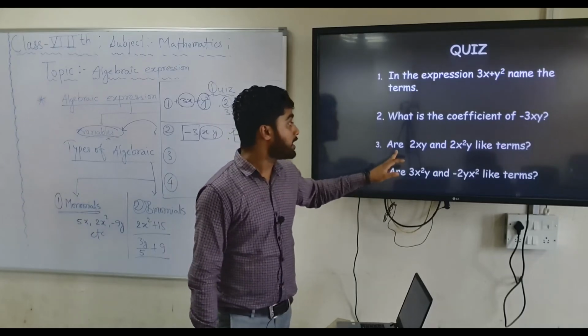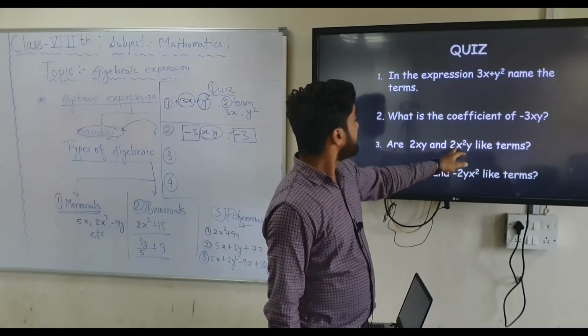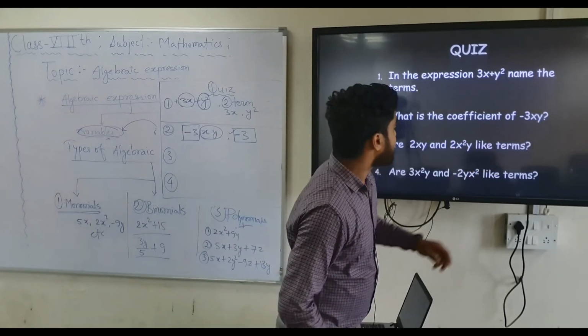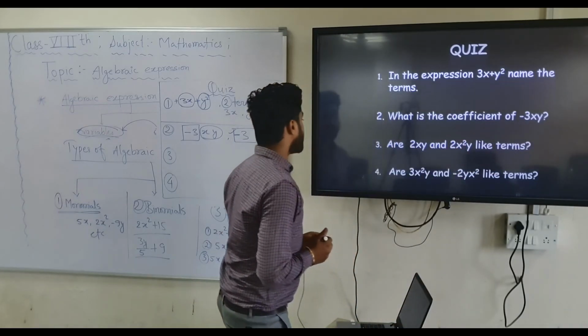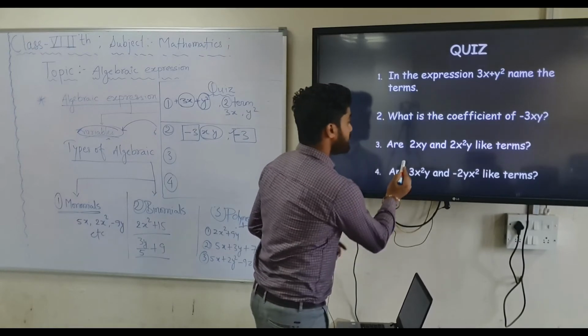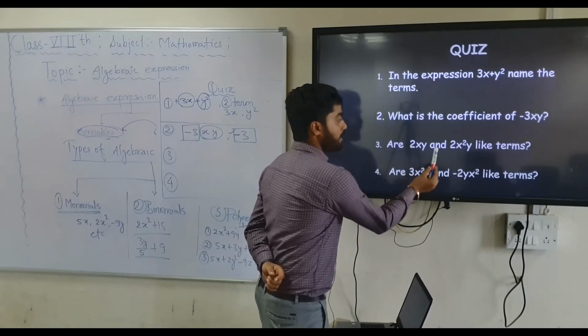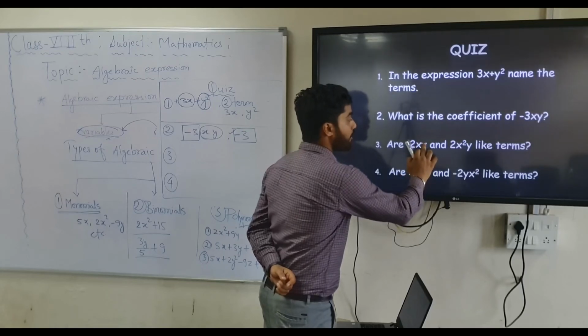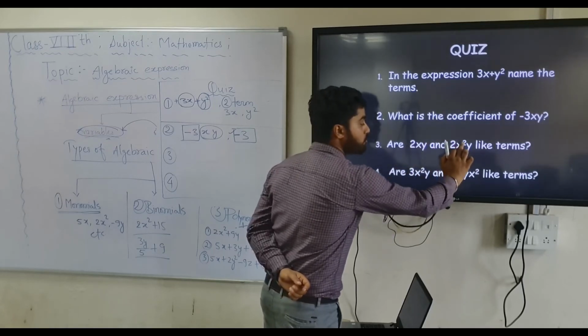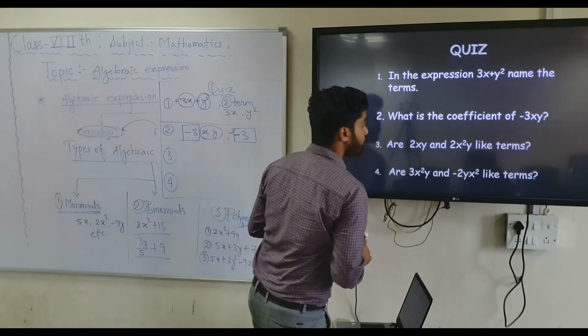Now the third question: are 2xy and 2x square y like terms? We have to check the powers here. See carefully, 2xy has x to the power 1 and y to the power 1, but 2x square y has x to the power 2 and y to the power 1.